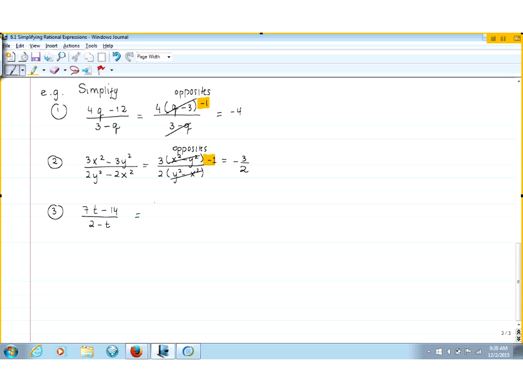Last one? Factor out what? 7. 3 minus 2. And this is 2 minus 3. Okay. Any relation? They're opposite? So when I cancel, it is negative 1.